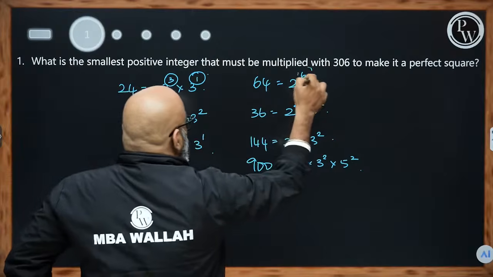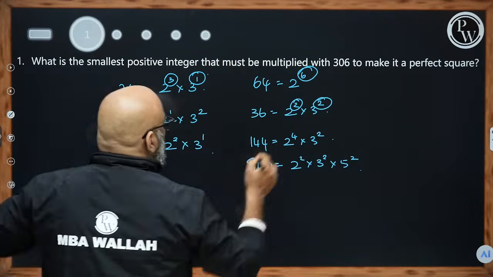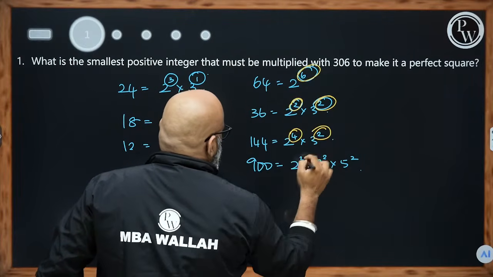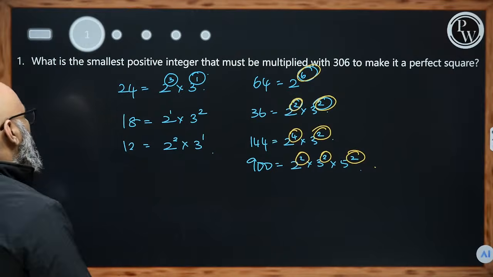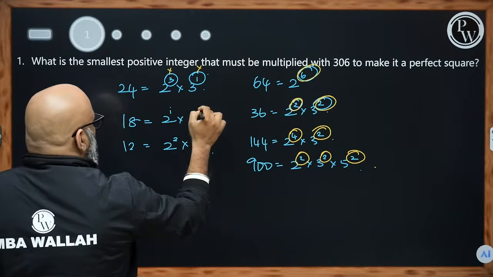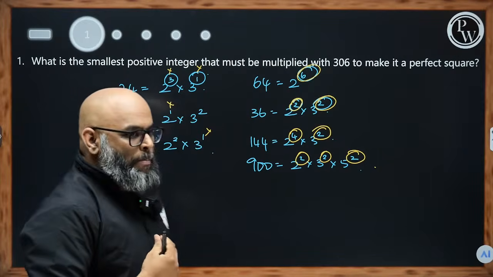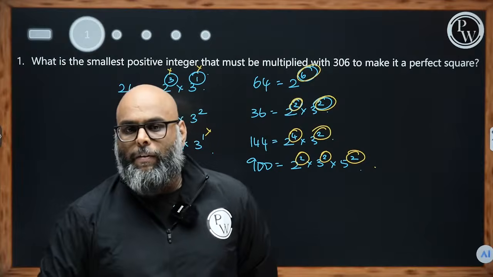This is a perfect square. Look at this. All the powers here are even. All the powers here are even. Here, this is not even. Here, this is even. This is not. Here, this is even. This is not. Even if the power of one prime number is not even, the number is not a perfect square.